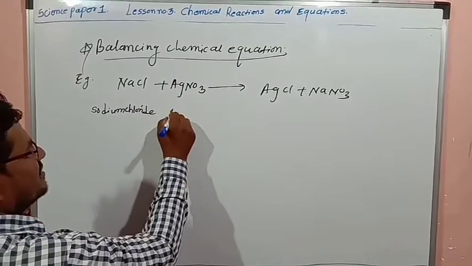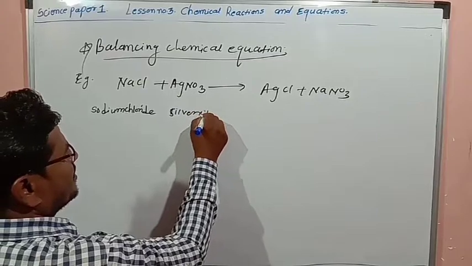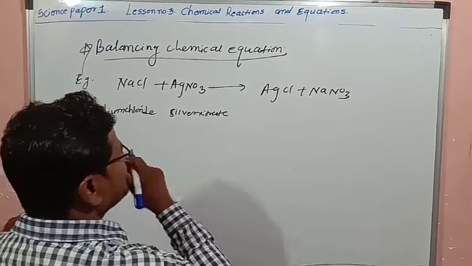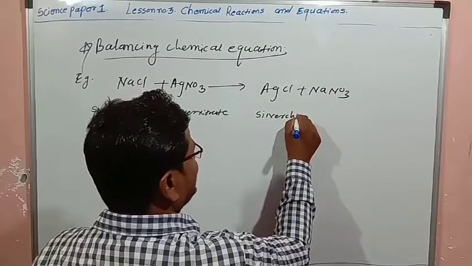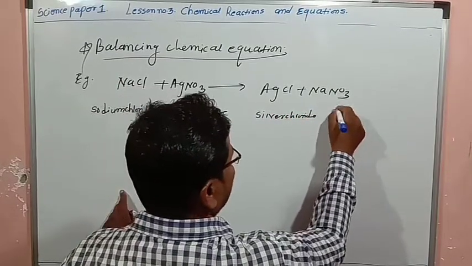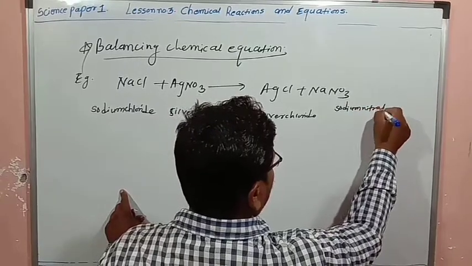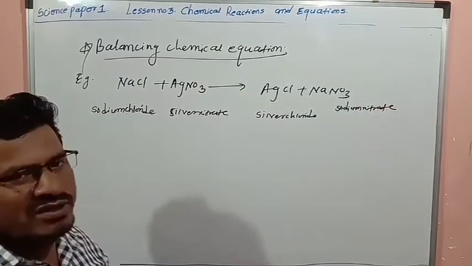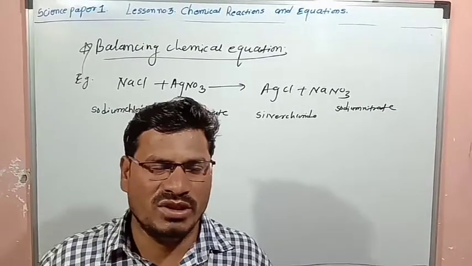Name of this one is silver nitrate. This one is silver chloride. And this one is sodium nitrate. If you consider this equation, this is a chemical equation.